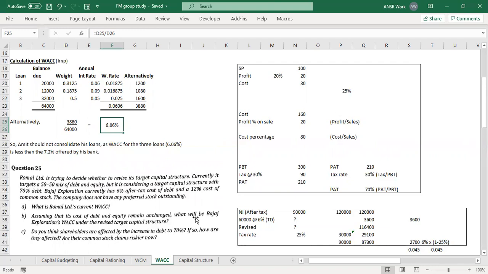Try the second one now. In the second one, what they're saying is debt is 70%. If debt is 70%, then the equity is how much? 30%.